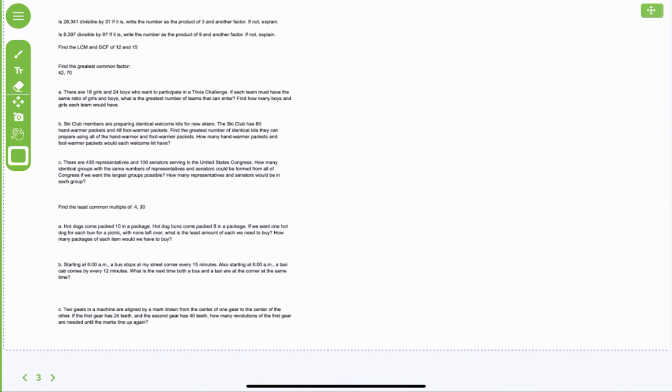Now, page 3. This is our divisibility rule. Is 26,341 divisible by 3? If it is, write the number as the product of 3 and another number. Janice says no. Why do you say no?